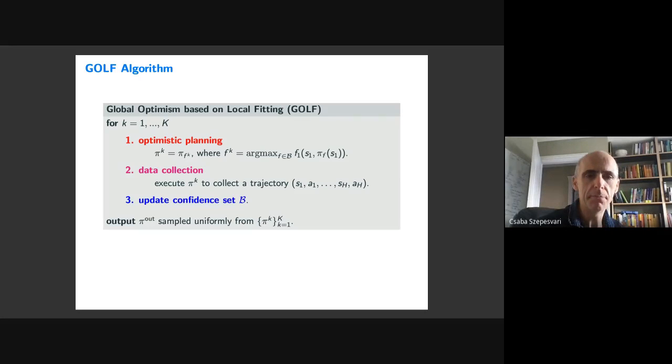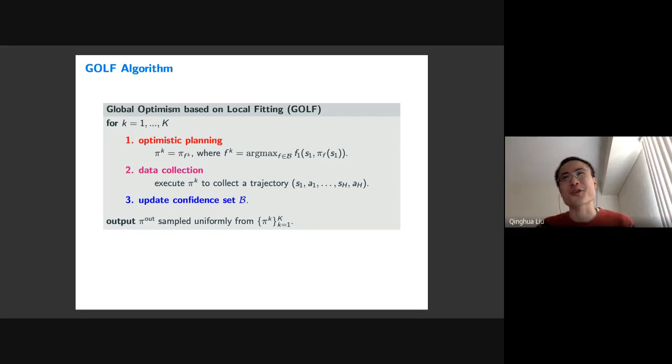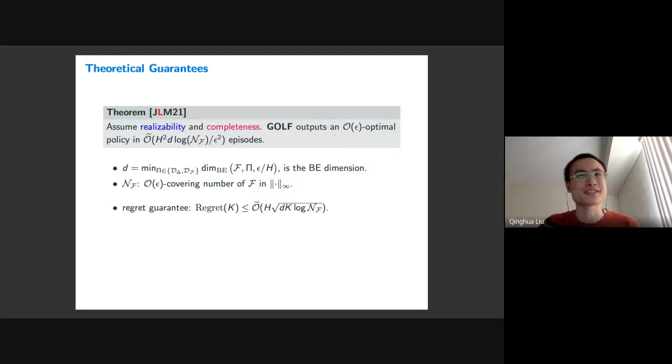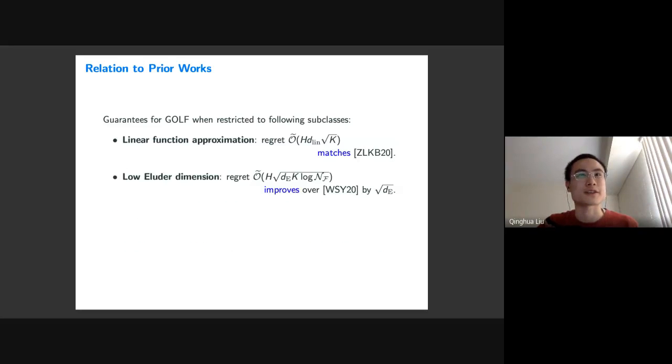Right. Inevitable question, lower bounds. Oh, lower bounds. I think under the current framework, without making further assumptions, this regret is almost optimal, because our setting includes the linear function approximation setting, and in the next paper they show this rate is basically optimal.